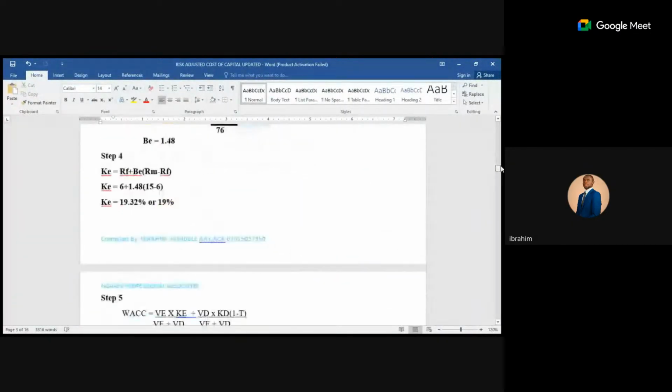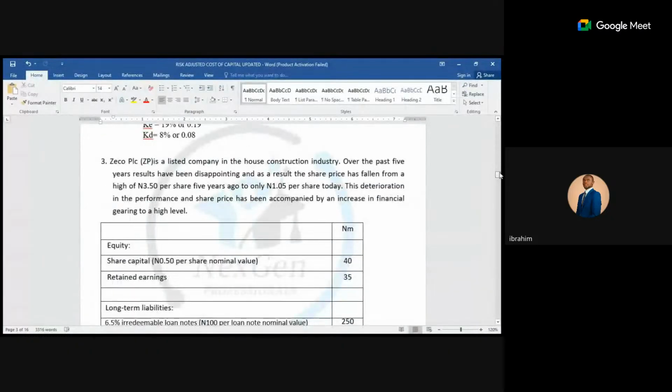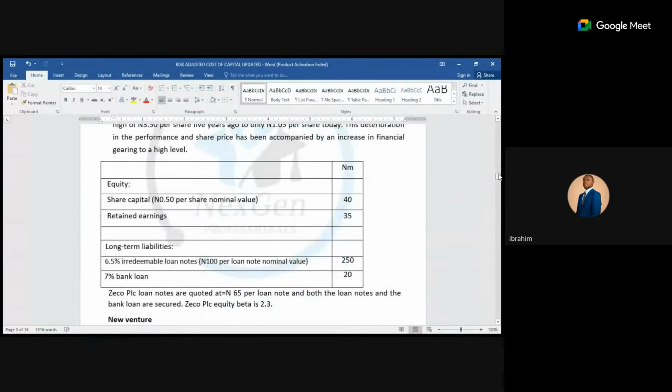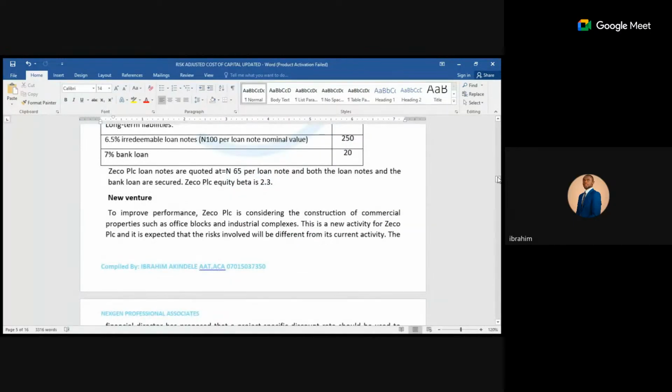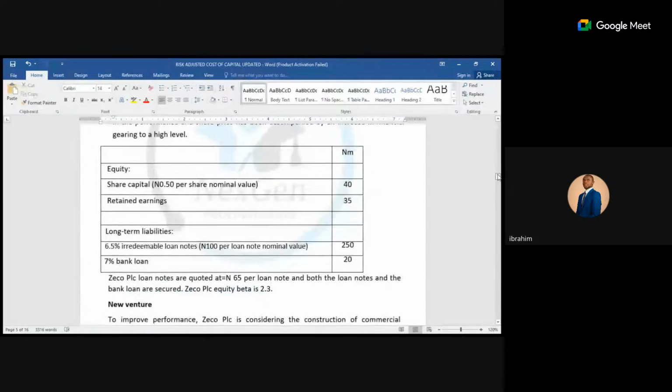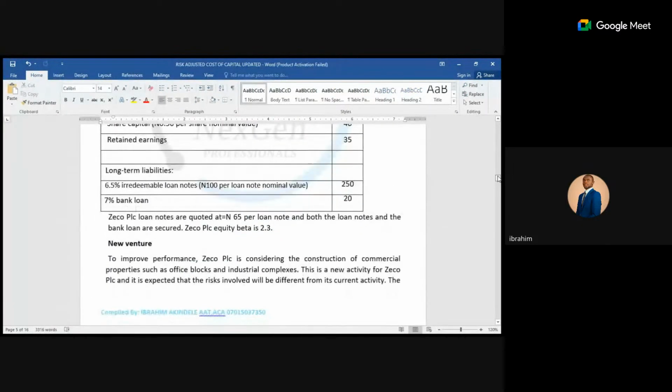In a question, you may not be given debt to equity or debt to debt plus equity, but you need to get the value. If the quoted price is given to you, use the usual way we normally calculate the value of equity and debt.